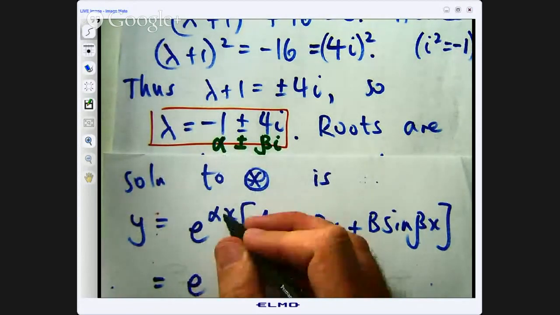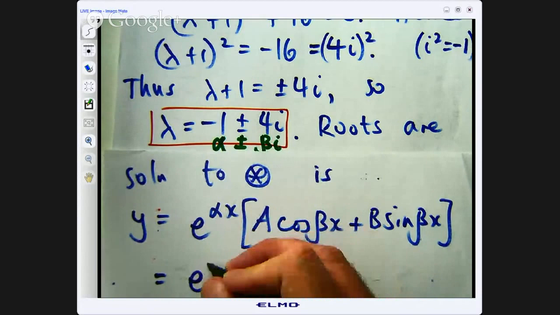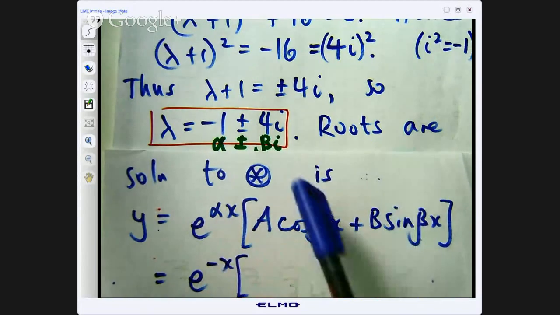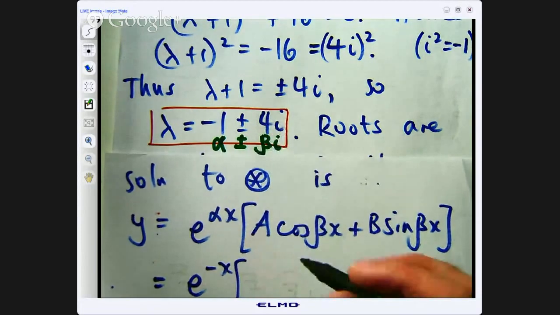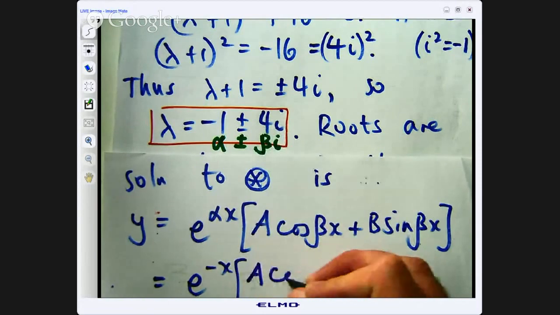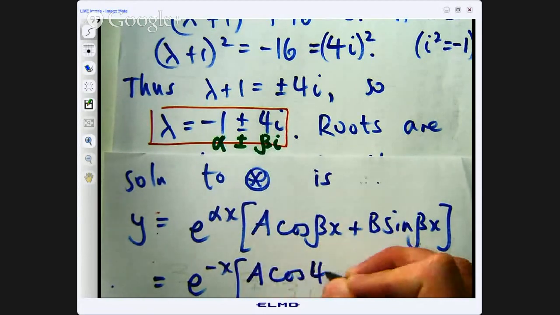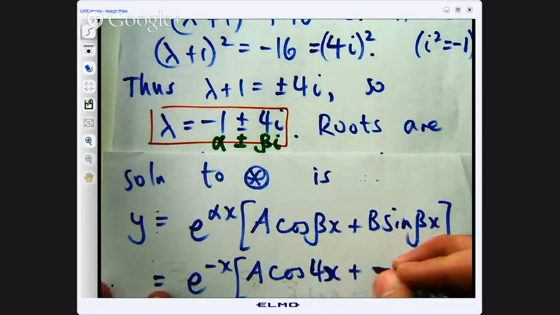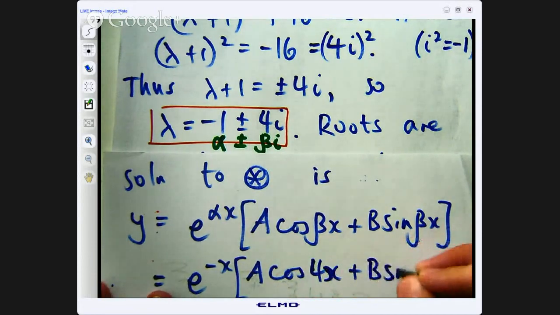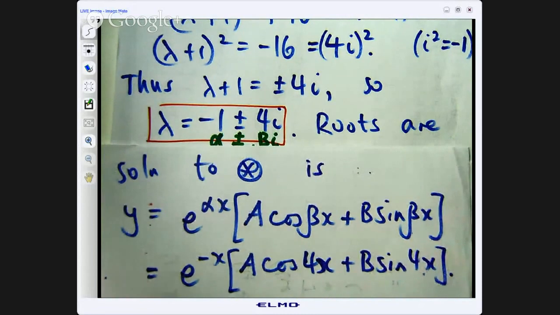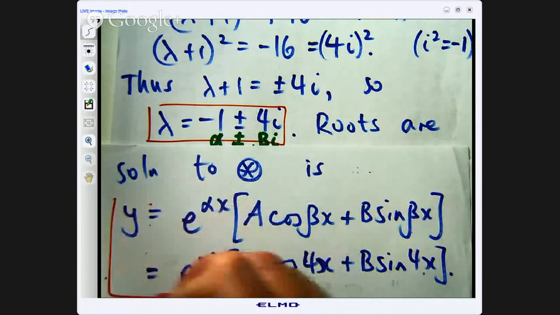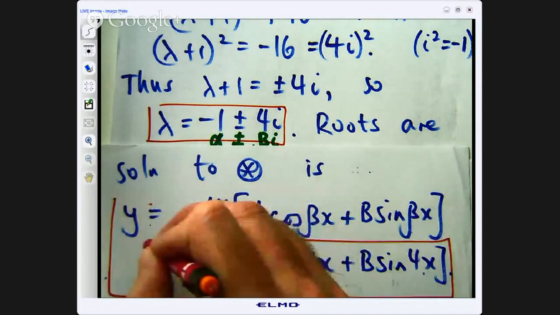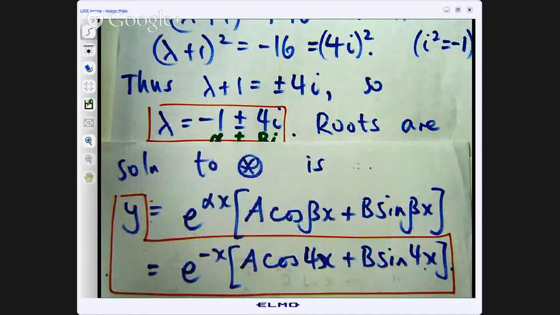So e to the alpha x will be e to the -x, and the beta would be +4. Okay, and so we have our solution.